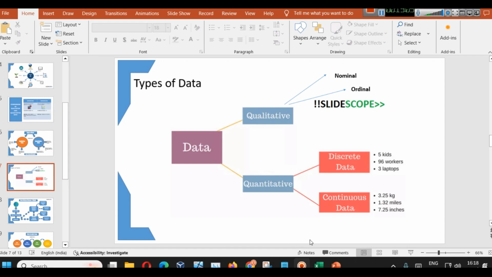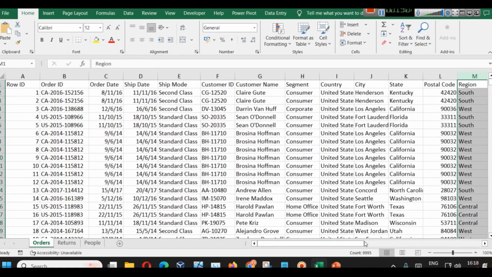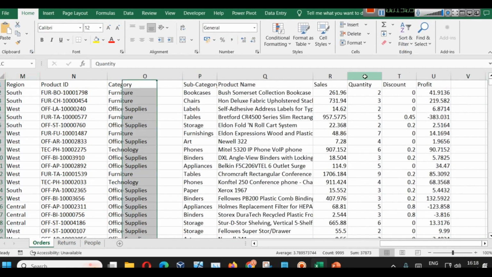So for example, here if a person orders something, the quantity, the whole quantity, how much they are ordering, is given as a discrete value, right? Because here we are not ordering 2.5, and we are not using any units here.